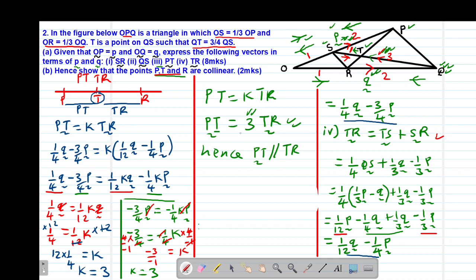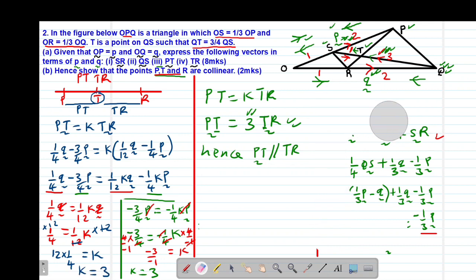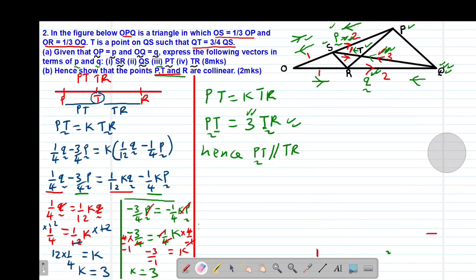Now the common point you can see is t. To show that these particular points are collinear, you simply need to show that the vectors formed from the 3 points are scalar multiples of each other, and that there is a point which is being repeated. So this is the final statement that you state.